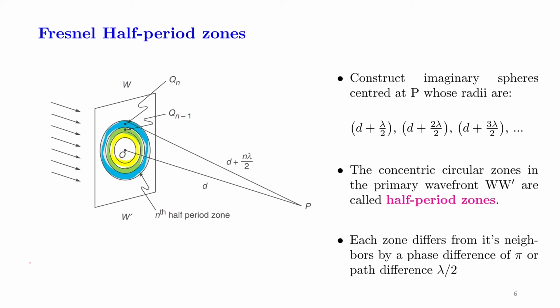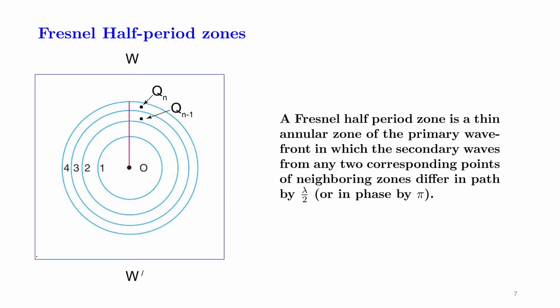The concentric circular zones in the primary wavefront W prime are called half period zones. And when we construct such half period zones, each zone will differ from its neighbors by a phase difference of pi or a path difference of lambda by 2. So these are the half period zones that are created on the wavefront W prime.